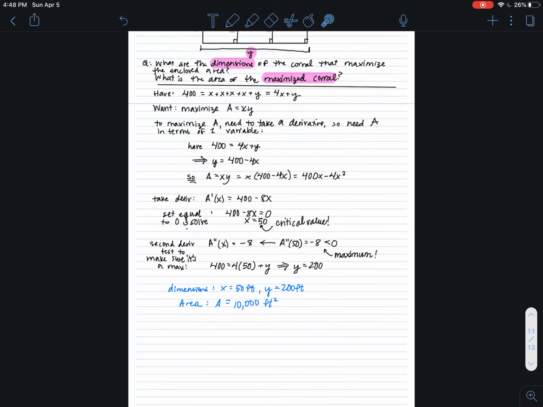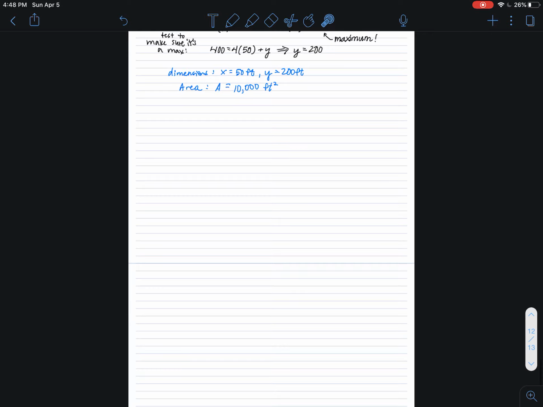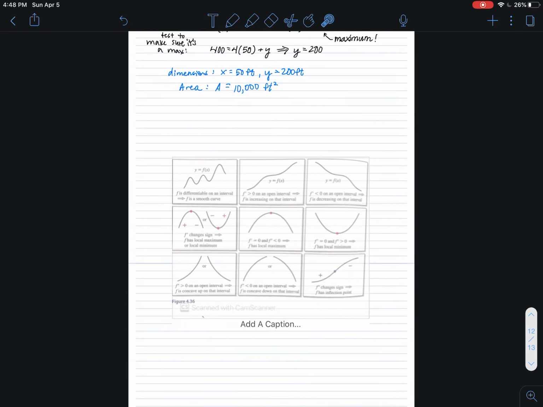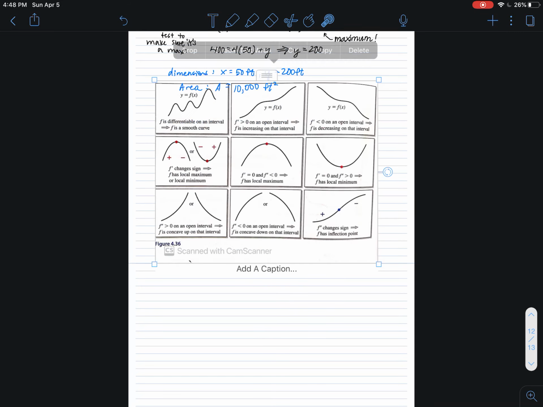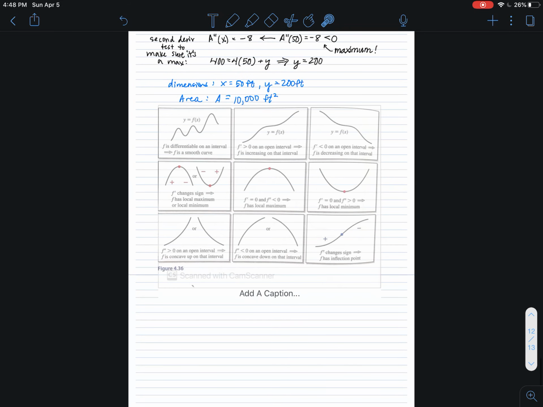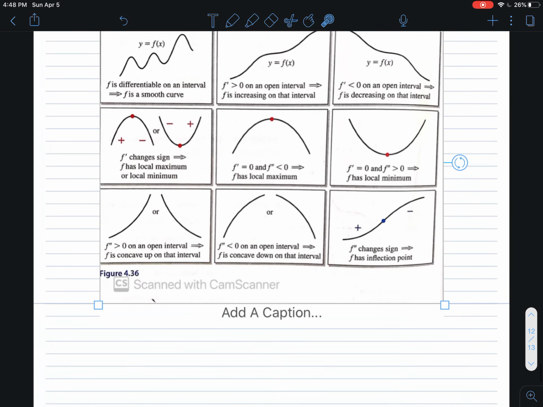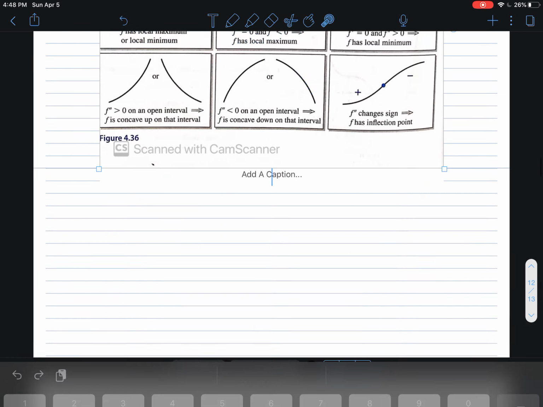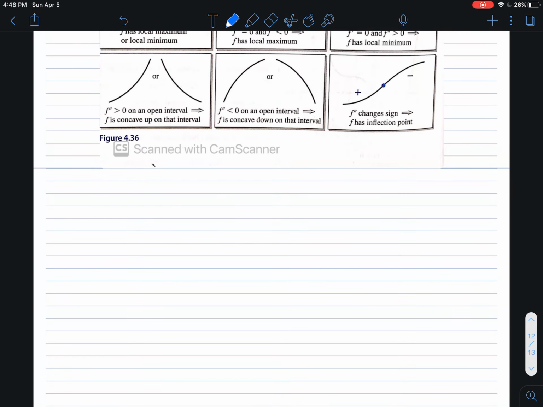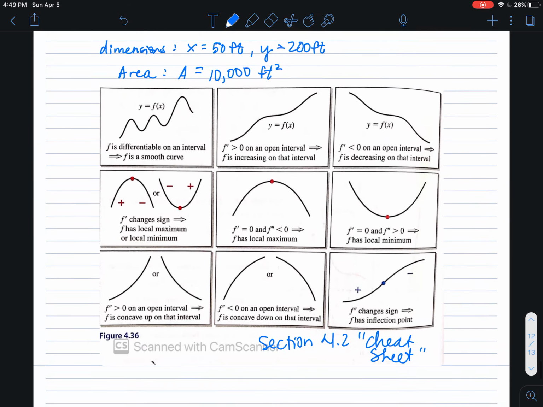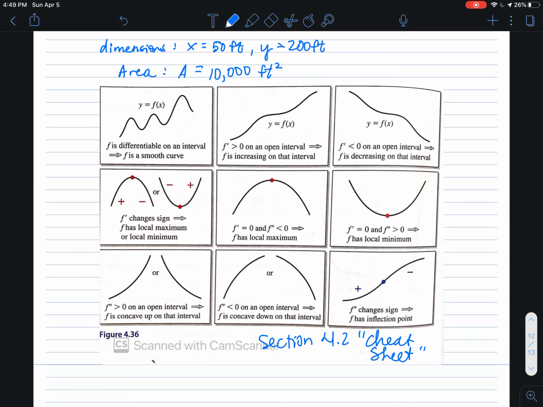I did want to give you guys a kind of cheat sheet, let me see if this works. Yeah, there we go. Okay, a cheat sheet from section 4.2. So that's what this is.